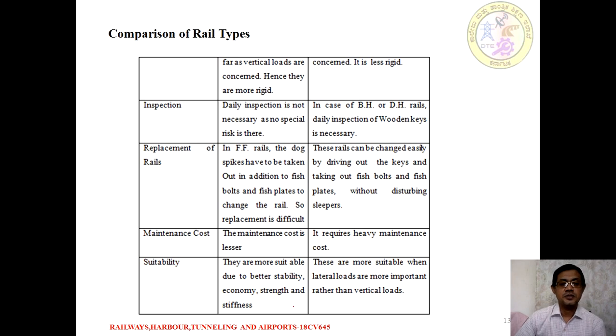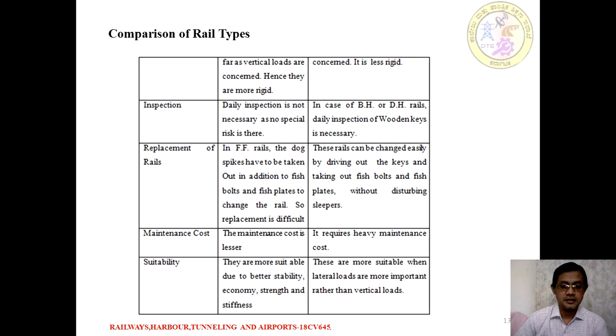Next is with respect to the maintenance cost. The maintenance cost is going to be lesser for flat footed rail because it gives a firm base, whereas bull head and double headed rail require heavy maintenance because of inferior sleepers and repeated wheel load, so maintenance cost is going to be higher. And next is the suitability.